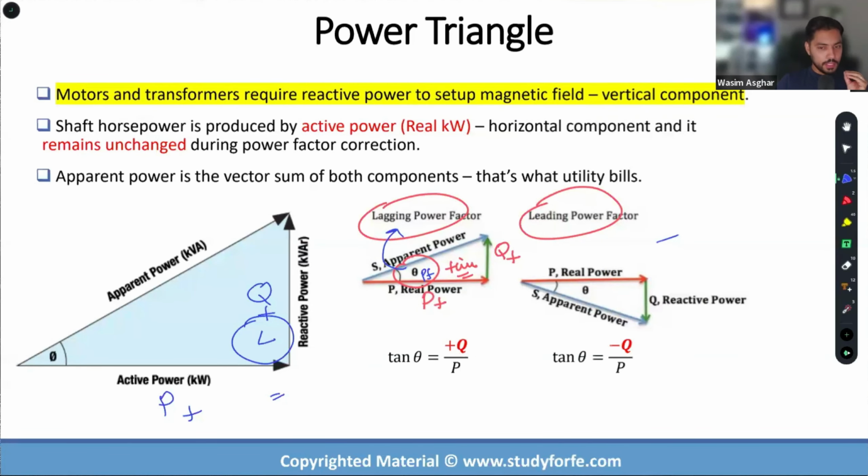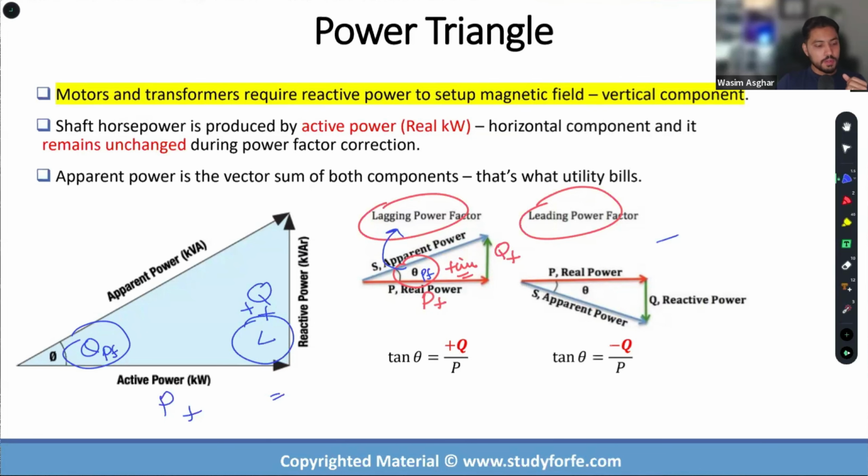I tell my students to slow down and sketch it out on a piece of paper. Remind yourself that lagging power factor loads are inductive in nature, which means that we are consuming reactive power, which means that Q is pointing upwards, and then you can clearly see that theta power factor is going to be positive.